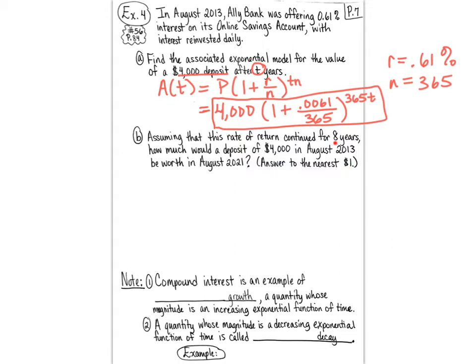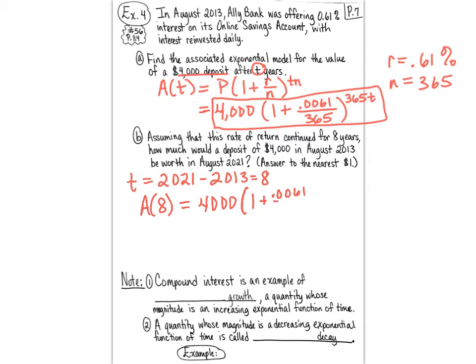Now this means that T is equal to 2021 minus 2013, which is 8. So we find A of 8. We get 4,000 times 1 plus 0.0061 divided by 365, all of that raised to the 365 times 8.